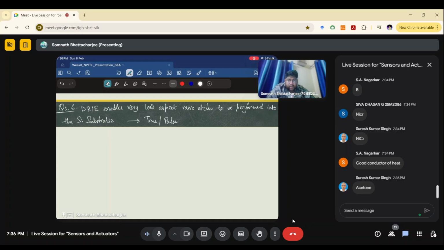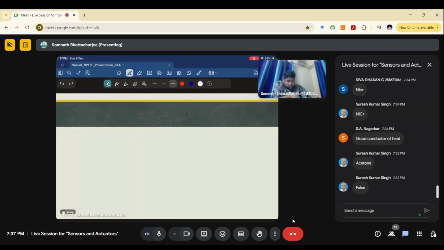DRIE, that is deep reactive ion etching. False. Yes, it is false. Oops, sorry, false. Now move on to the next one.